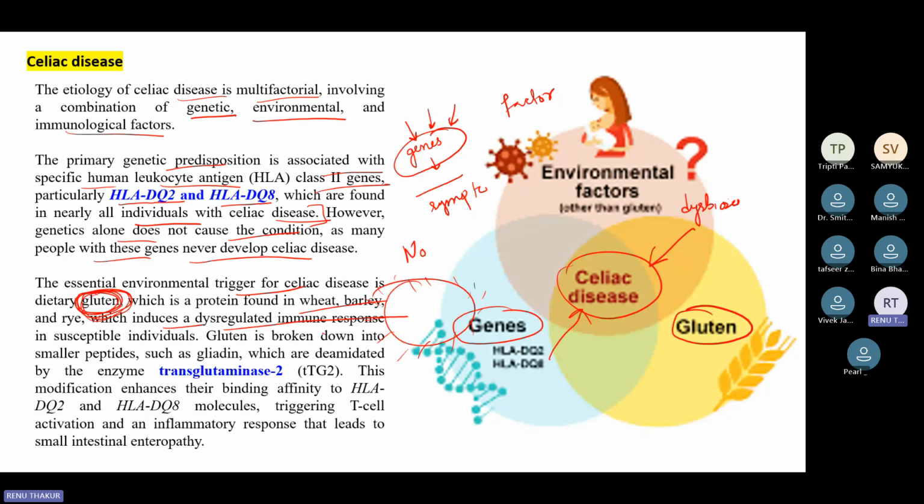Gluten is broken down into smaller peptides such as gliadin, which are further deamidated by the enzyme. Which enzyme? Transglutaminase 2, that is TG2. This modification enhances their binding affinity to HLA. Now see, whenever a person with these genes, DQ2 and DQ8, consumes gluten-rich food, suppose chapati or bread made of wheat, the gluten will be broken down into smaller peptides, that is gliadin, and then deamidated by this enzyme.